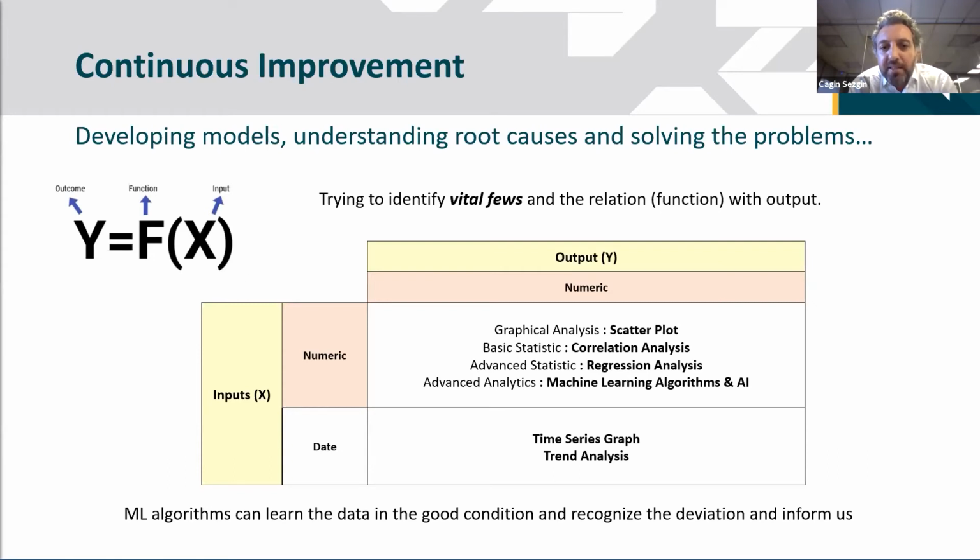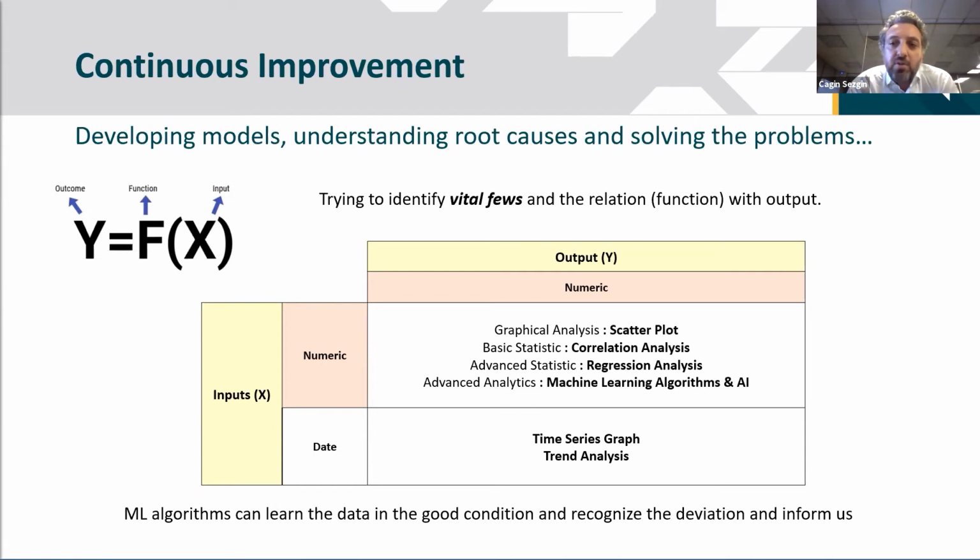Okay, so just one example. Think that you have an output that is numerical, and you have a numerical input. We might do graphical analysis with scatter plots. By scatter plotting, you can visualize the correlation. You can do correlation analysis also. There is something called correlation, represented with a small r, the Pearson correlation coefficient.